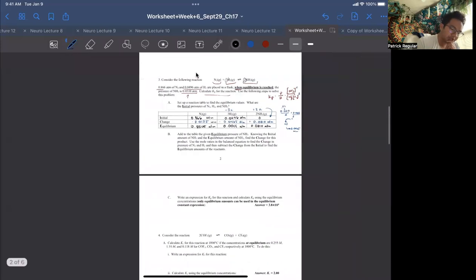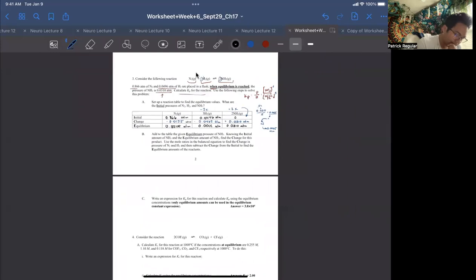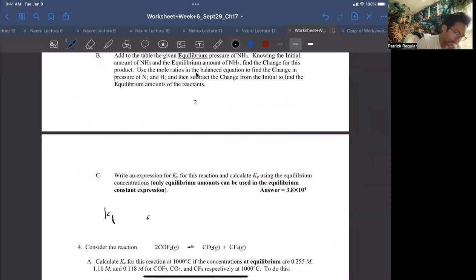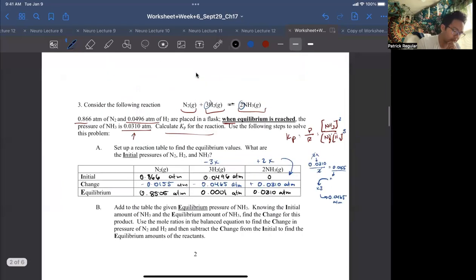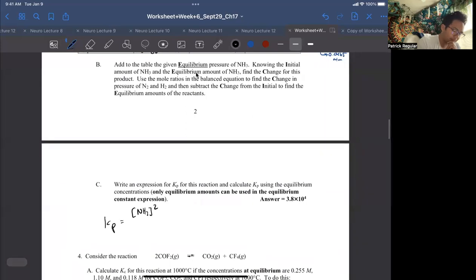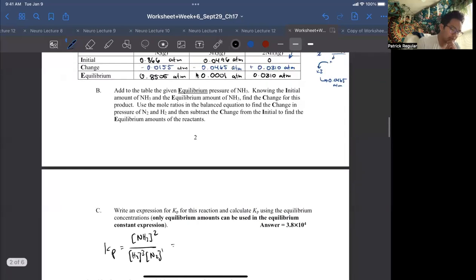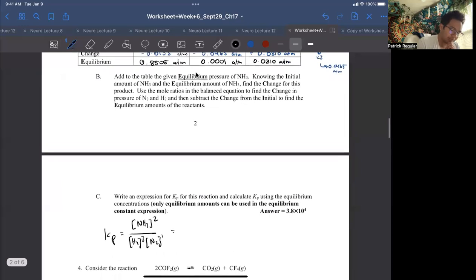Now we just rewrite the expression. Kp equals our products over reactants. It's going to be NH3, I think that was to the second power, H2 to the third power, then our N2 to the first power. Let's get our final equilibrium concentrations.